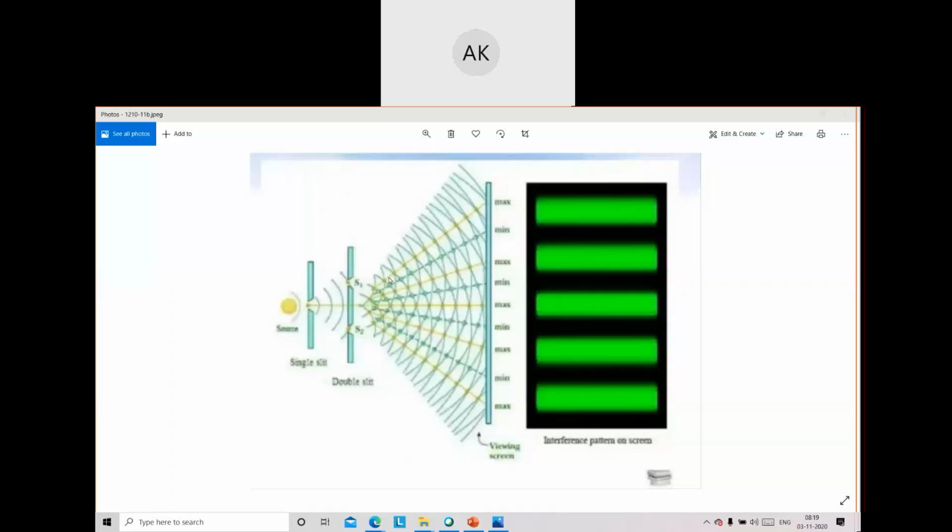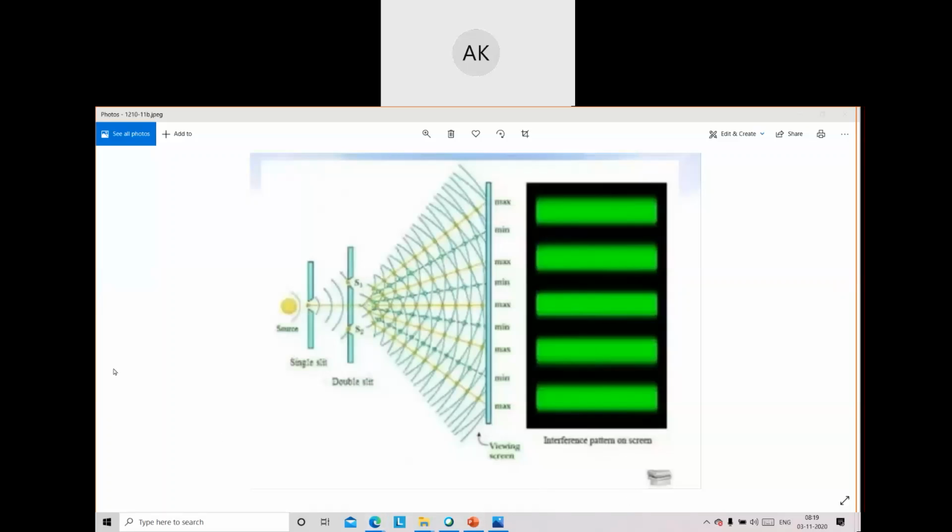So the best method is this dividing of a wavefront, as in Young's double slit experiment, where we divide a wavefront into two by allowing it to pass through two slits. They act as coherent sources, and we get an interference pattern on the screen. Understand? This is the interference pattern.